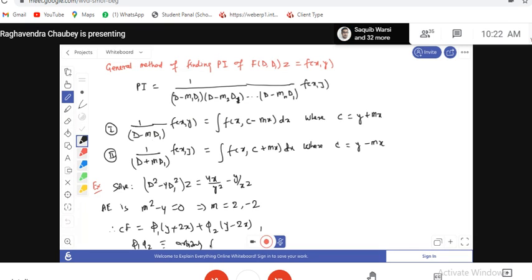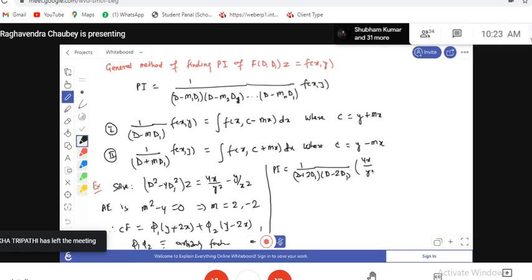Here we are basically interested in finding the particular integral. So our particular integral equals 1 over, if we factorize this, (D plus 2D1)(D minus 2D1), applied over this f(x, y), and f(x, y) is 4x over y square minus y over x square.